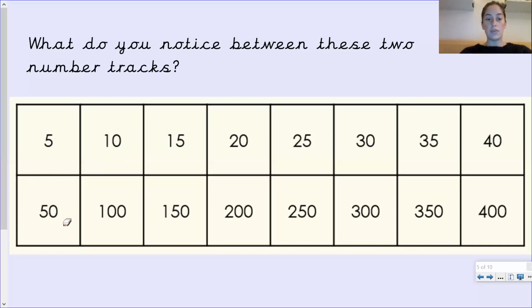When you're counting up in 50s, the second number is 100, which is basically 10 with an extra 0 in front of it. And the same pattern goes for the rest of the numbers. So there's actually a link between counting in fives and counting in 50s.